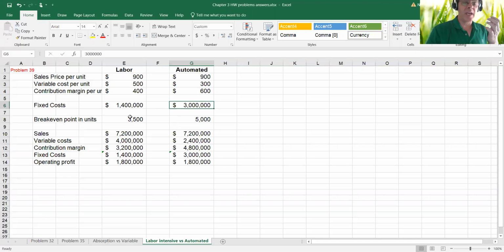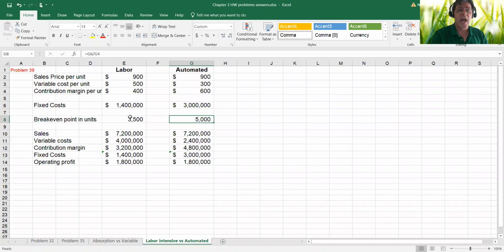So we do the same idea as we've done anywhere else. We take our fixed costs, we divide it by the contribution margin per unit. We get a break-even point of 3,500 for a labor-intensive process, and we get 5,000 for an automated. So this is a perfect illustration.